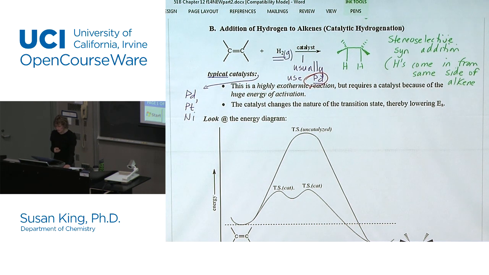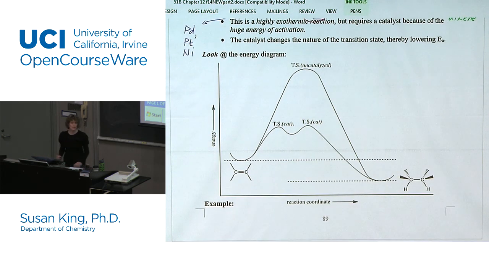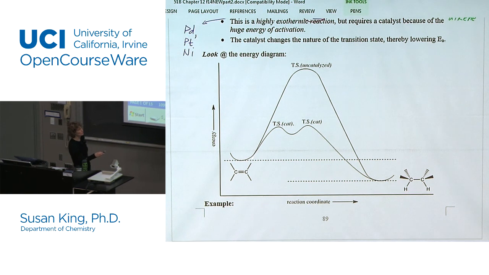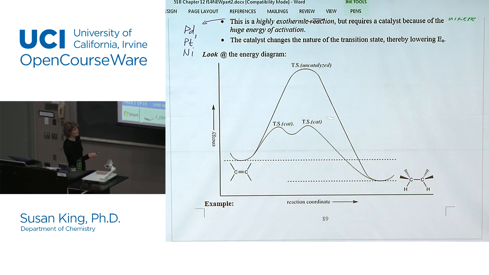So the catalyst changes the nature of the transition state. I don't want to suggest that this is the actual energy diagram for the catalytic hydrogenation. The point I'm trying to make with this energy diagram is that when you add a catalyst, you change the reaction pathway. It doesn't have to be the same pathway, so it's not a one-step process by any means. You just provide a different pathway that has lower energy.